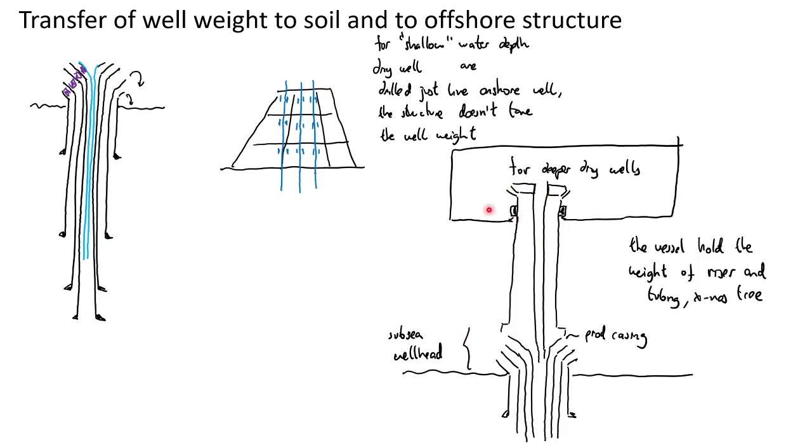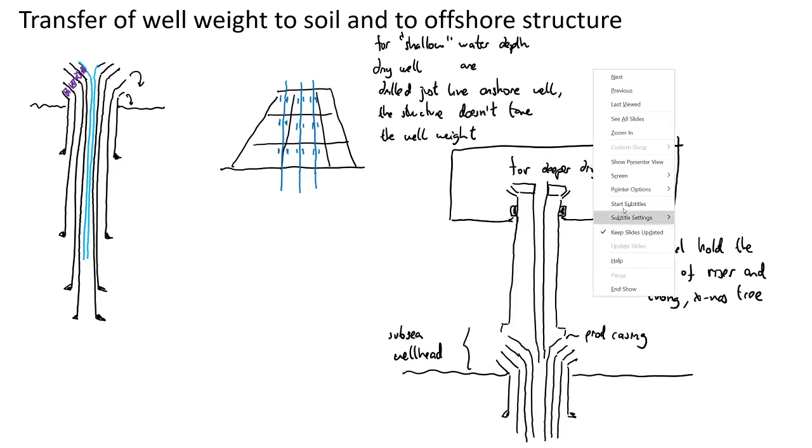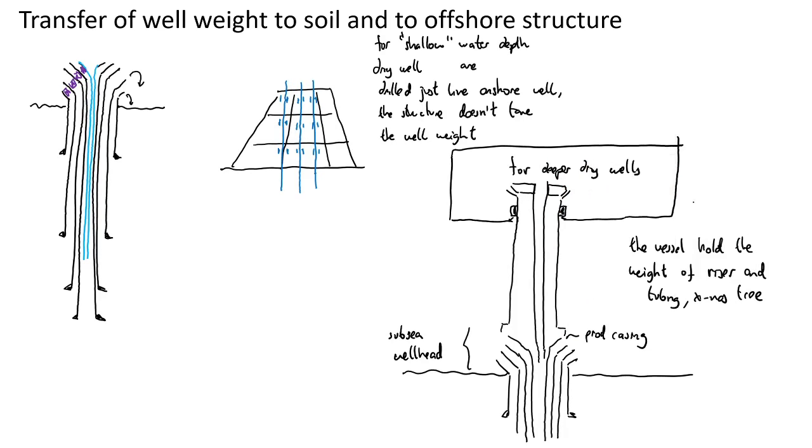Let's say you have a floater, a floating production facility. In that case, you split the load. A lot of the load, all the casings, even up to the production casing, is carried by the soil with the conductor. And then you have a subsea wellhead, and then a production riser, and the tubing, the Christmas tree, and the production riser, all of their weight is carried by the vessel.